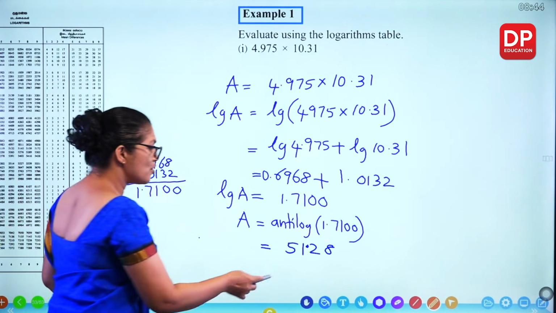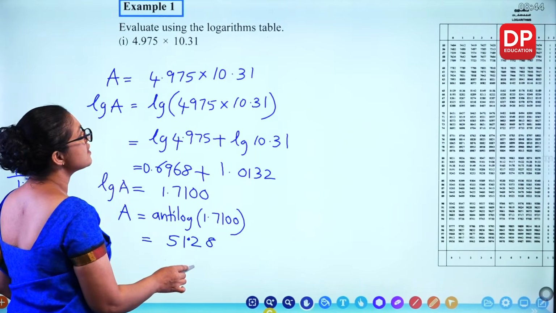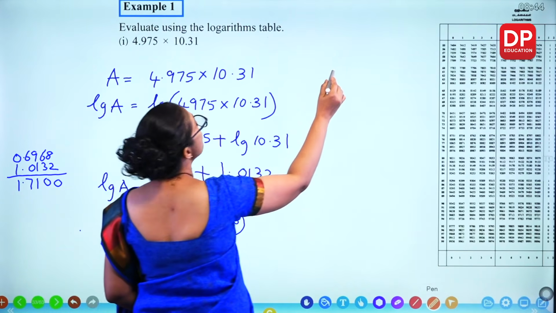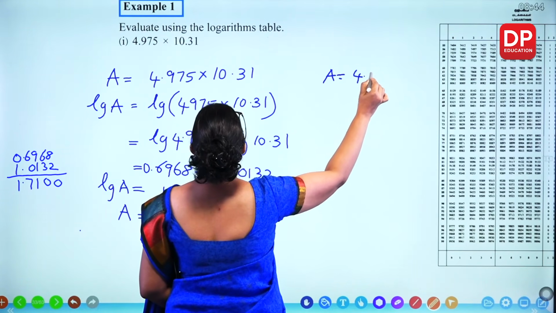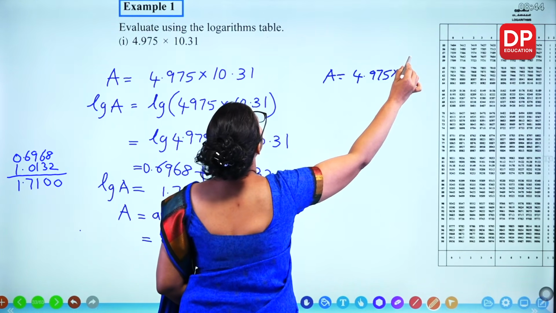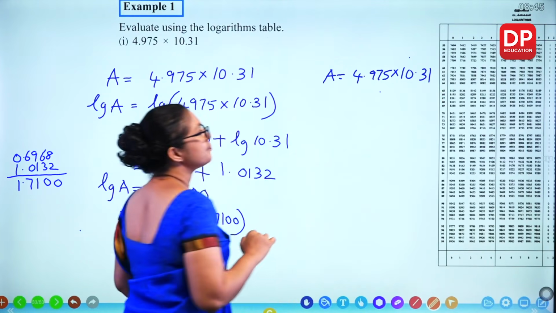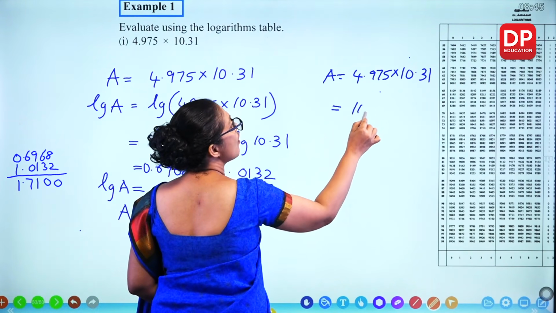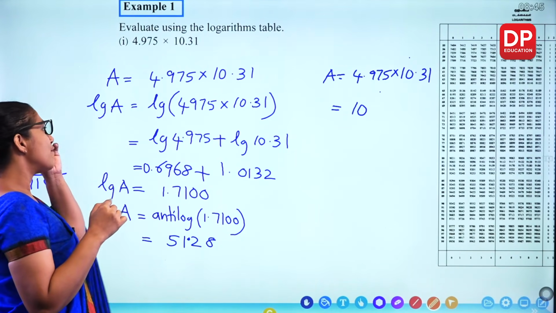We discussed the answer using log method. Now we'll try to use index notation. When you use index notation, what happens here? A is 4.975 into 10 to the power 10.31. Now we can use logarithmic table and write down what is 49.75.